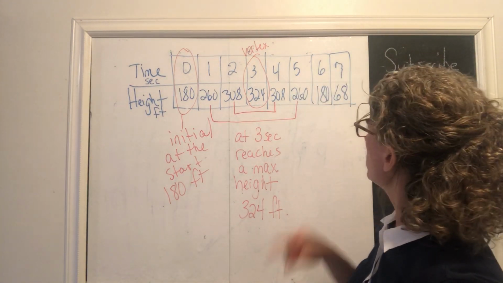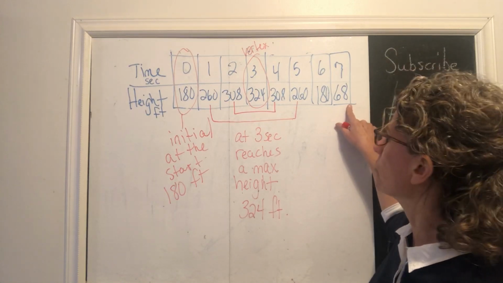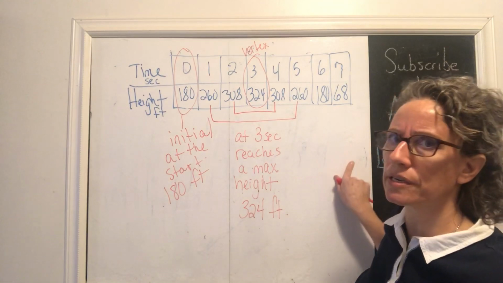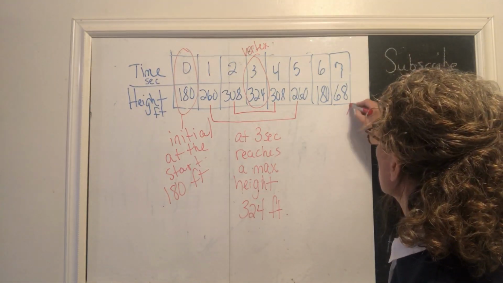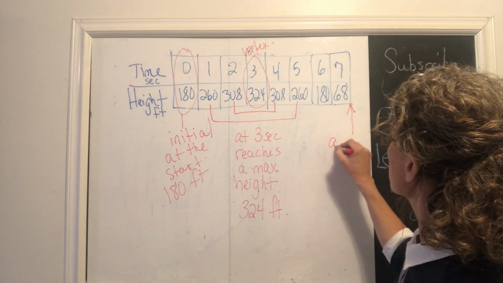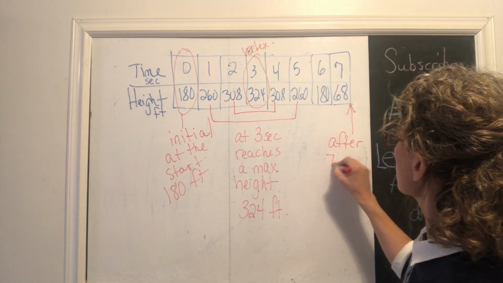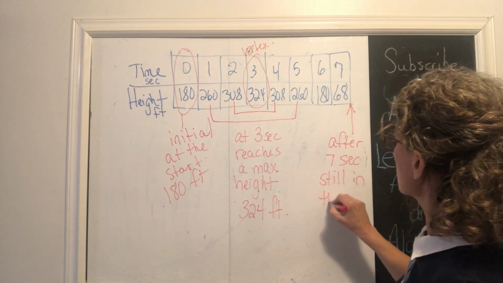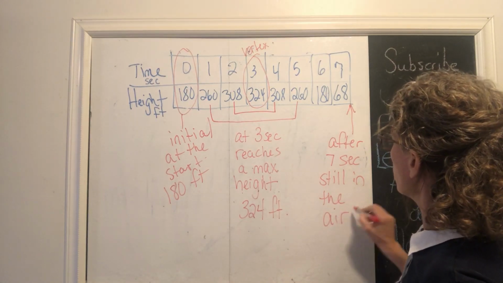What else? What do I notice? It doesn't hit 0 feet. So according to my table, it hasn't landed yet. So even after 7 seconds, it's still in the air. And that could be important.